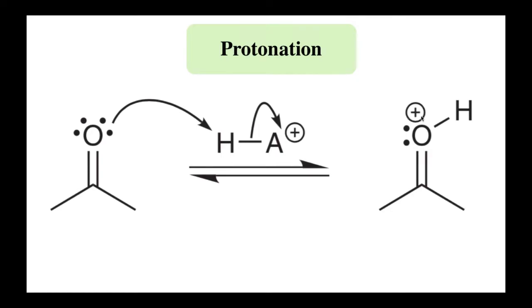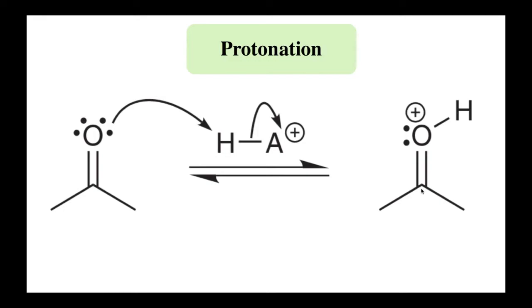So what will happen is the same thing that was happening before. The electrons being shared in the double bond are going to move more towards oxygen because it's more electronegative. But now that it also has a positive formal charge, it's going to push these electrons even more toward itself, making the carbon atom even more electrophilic.